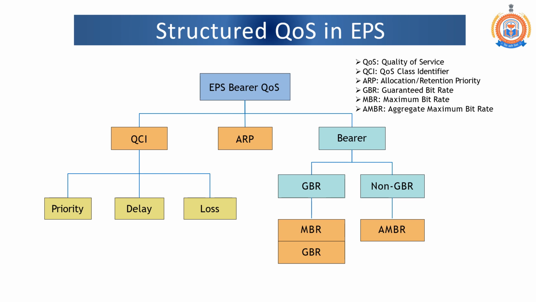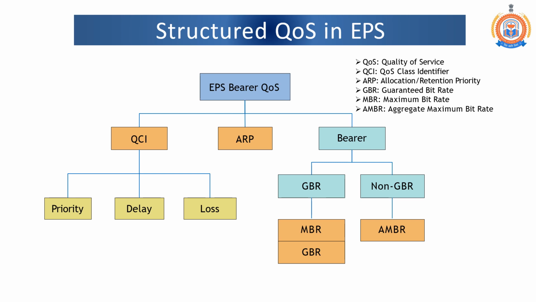This is the structure of EPS bearer QoS. In this structure, the most important parameters are the QCI and ARP. QCI is the QoS class identifier and ARP is the allocation and retention priority. Each QCI is characterized by throughput, delay and loss rate. On each bearer, ARP is used for admission control to determine whether the bearer establishment or modification request is accepted or rejected due to limited resources.